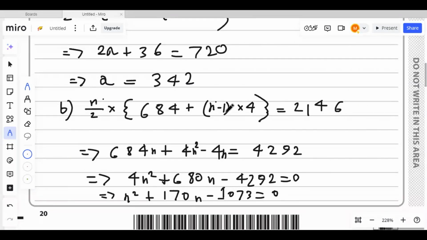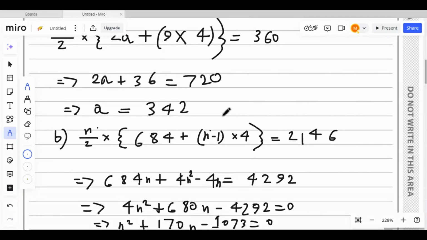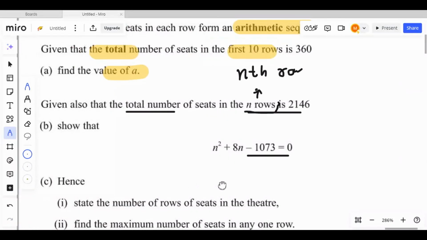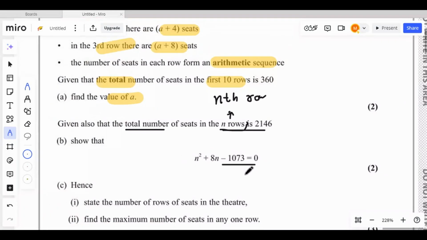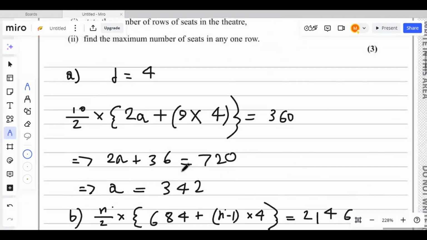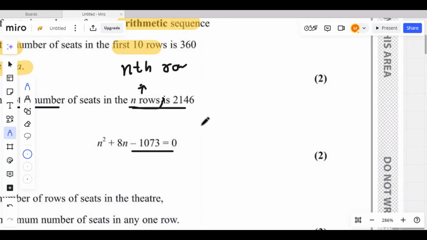Okay, then I think they considered the nth term here. For the nth term, what would be the case? A plus, A is the first term. This was 342. A plus n minus 1 times 4 equals 2146.